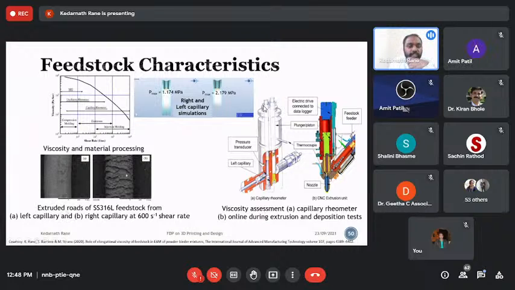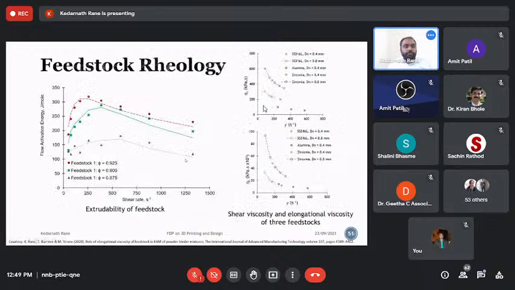One is smooth and one is very rough, what is it called? I don't remember the terminology. I think it is the shark skin defect on this kind of extrusion. But the extrusion pressure is different for each kind of rod, and you can have a compromise between the extrusion pressure and the quality of the deposited rod.